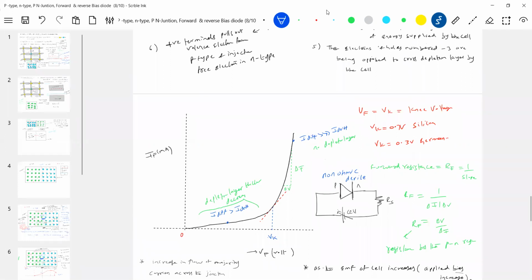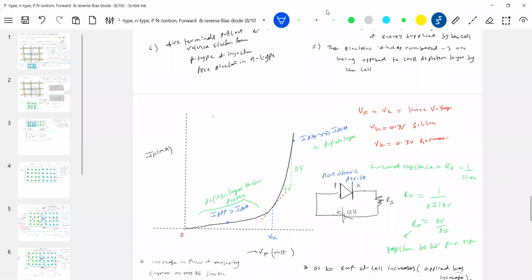Then why is the graph like this only? Is there any mathematical equation, or did it simply come like that? We do have an equation, and based on that equation the graph has taken shape like this. Let me write the equation here.